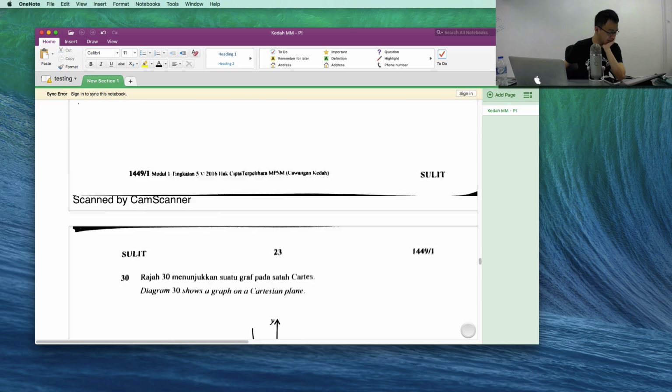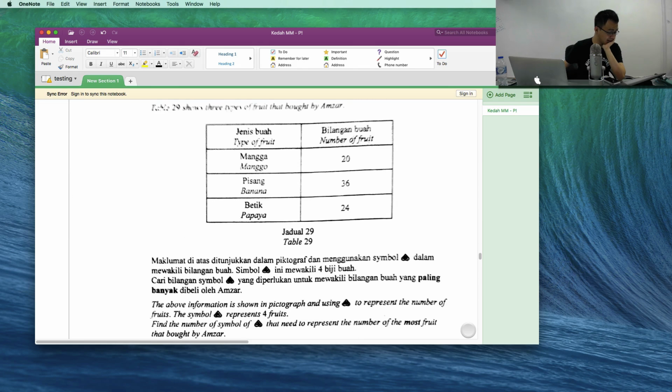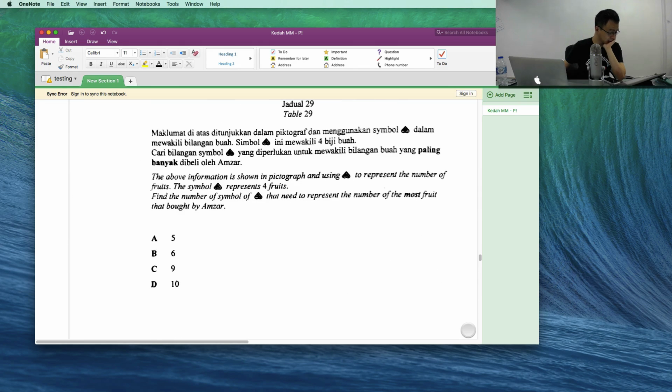Do you have any picture thing? Don't have any, only like this. Number of fruits.